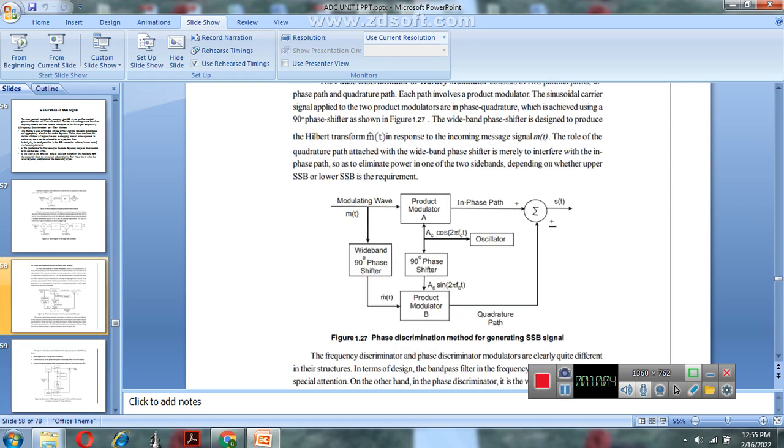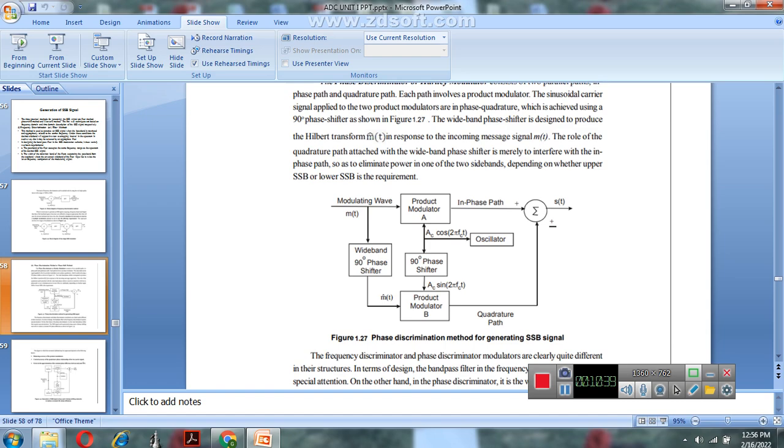Next, Weaver's method, or the third method. This third method was developed by Weaver to overcome the drawbacks of the phase shift method. If any drawbacks are present in the phase shift method, they can be eliminated using Weaver's method. One disadvantage of the phase shift method is that producing the 90-degree phase shift network for the modulating signal is extremely critical.